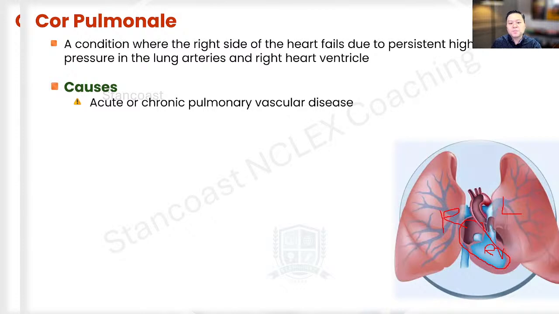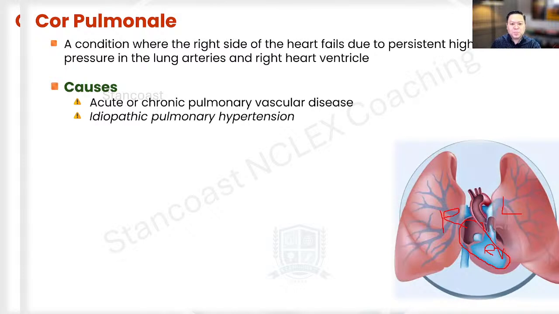All right. Now, with that pulmonary vascular disease, this is going to be a sudden flare-up, or it could be a long-term condition that could really mess up those blood vessels. Of course, this is going to put strain on the right side of the heart, the right ventricle. Now, there's also the factor known as idiopathic pulmonary hypertension.